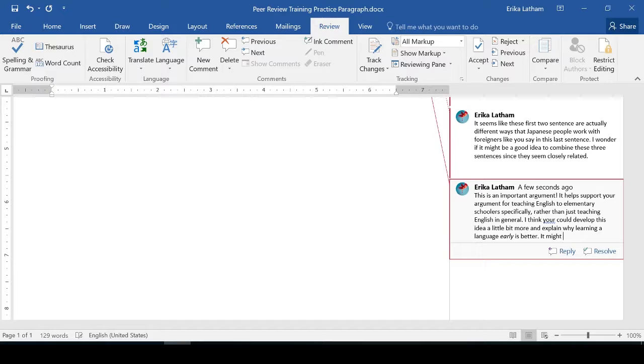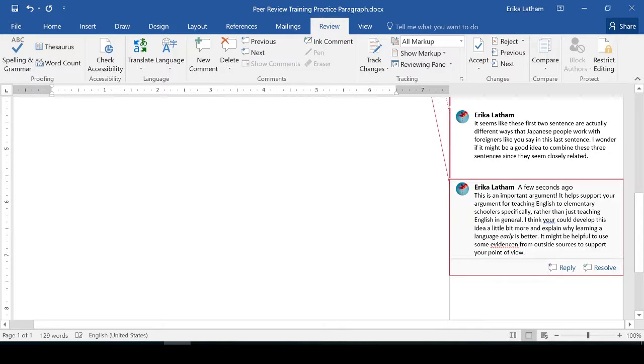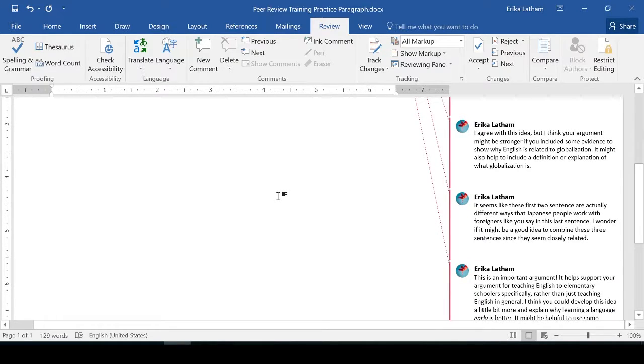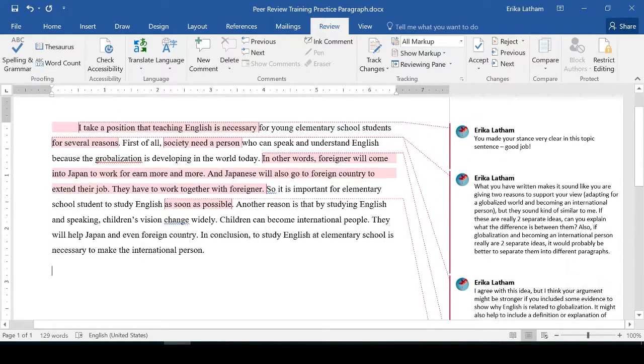It might be helpful to use some evidence from outside sources to support your point of view. Let me just fix my typos here before I move on. Okay, what's next?